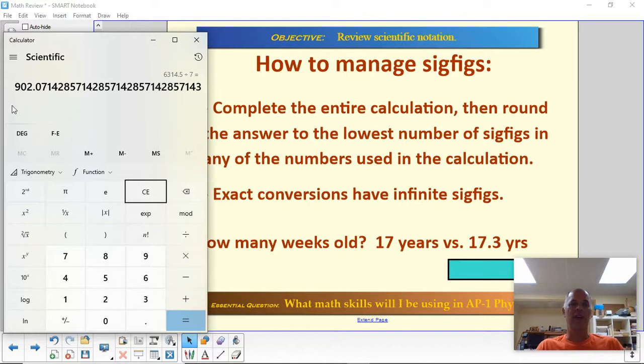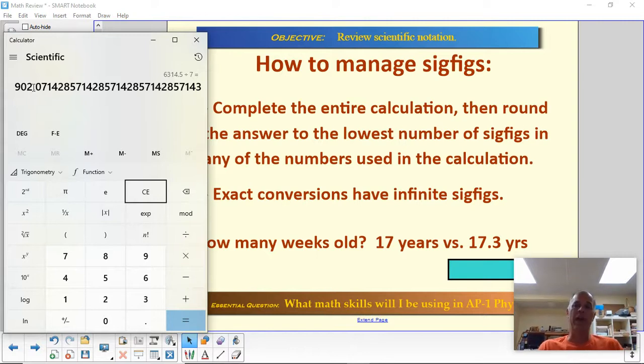But in this case, 902 is what we can go with. We can round it off to 3 figures because we have 3 significant figures in 17.3 years and 3 significant figures in 365 days per year. So we're okay going with 3 sig figs, which is 902 in this case.